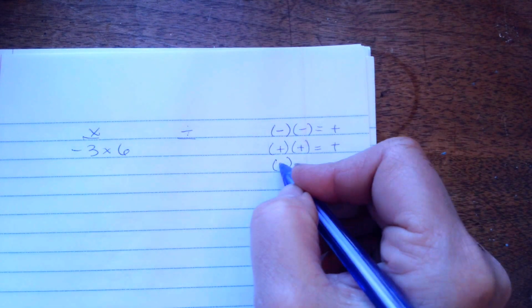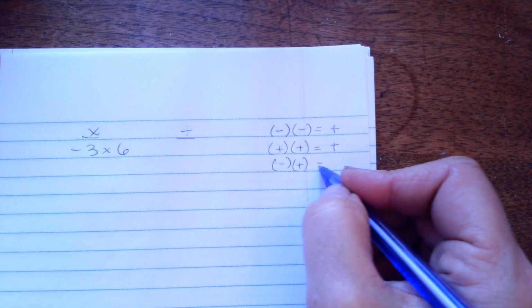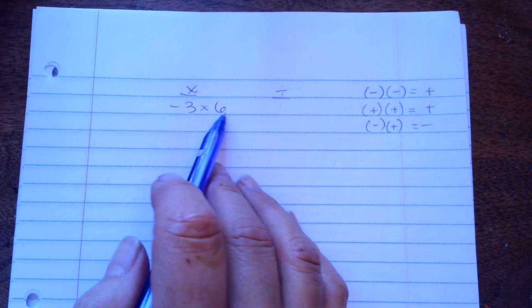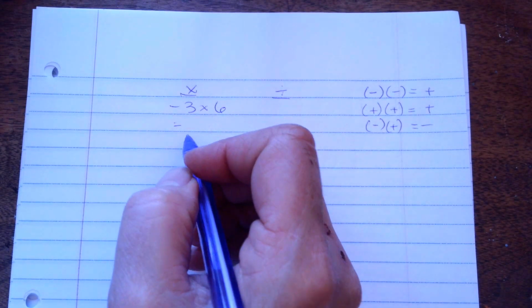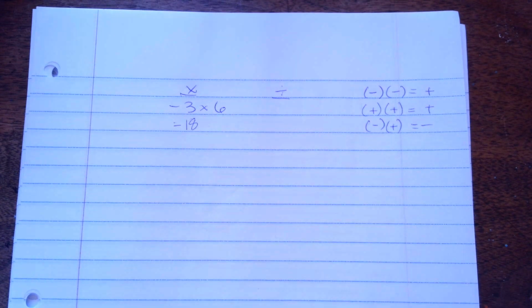If you have one negative person and one positive person having a conversation, they're going to have a negative experience. So for this one, you have a negative and a positive. That is going to be a negative number. And then 6 times 3 is 18. So it's negative 18.